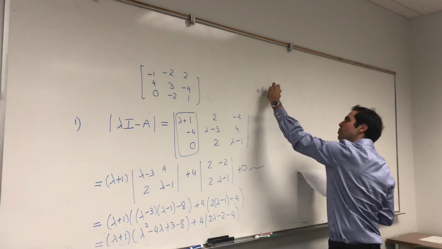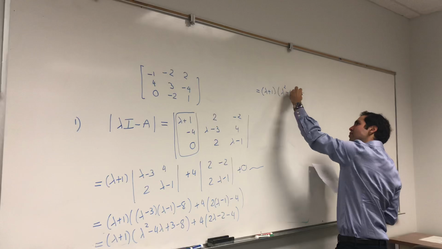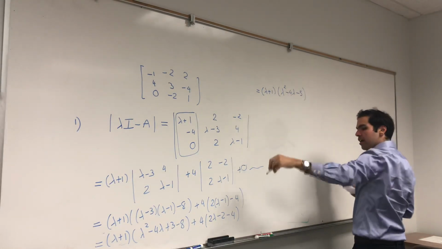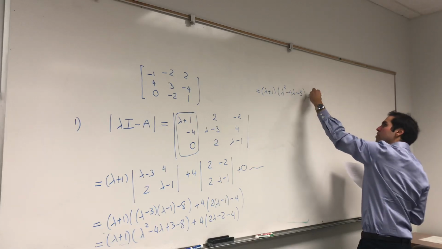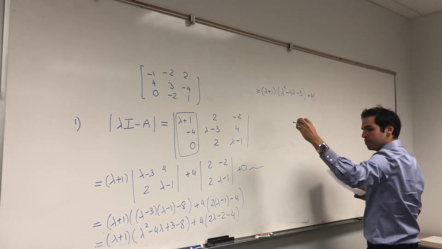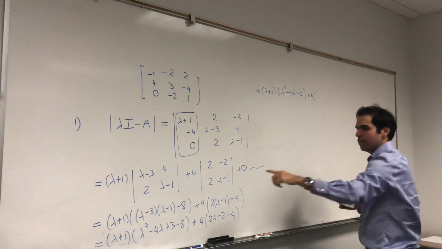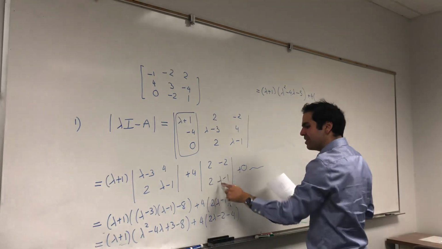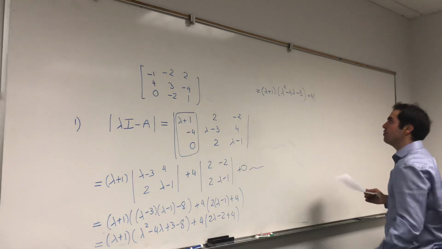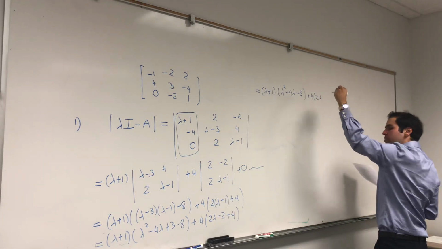So lambda plus 1 times, so lambda squared minus 4 lambda minus 5. And then plus 4 times 2 lambda minus 6. Is that true? No, so I already made a mistake. So 2 times lambda minus 1 plus 4. Okay, so 4 times 2 lambda plus 2.